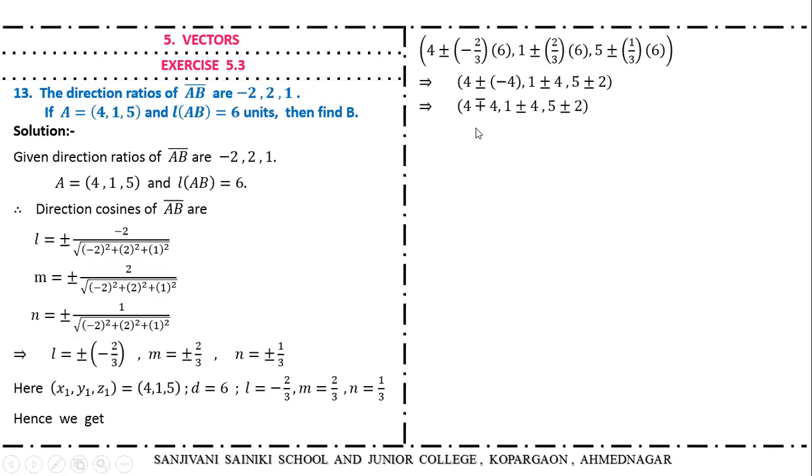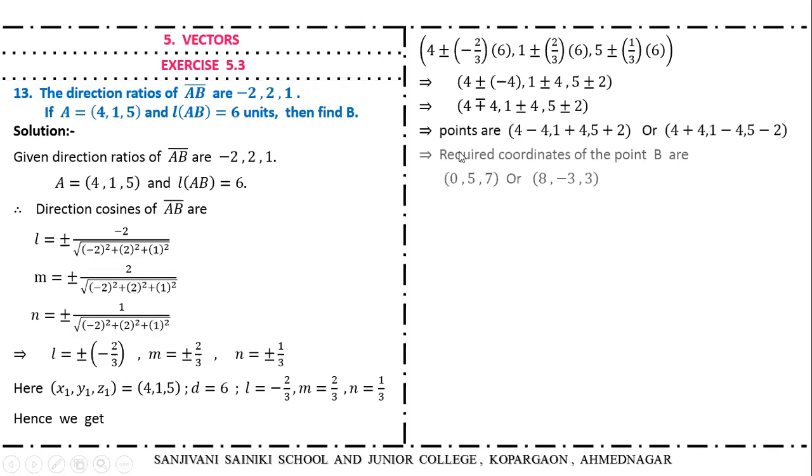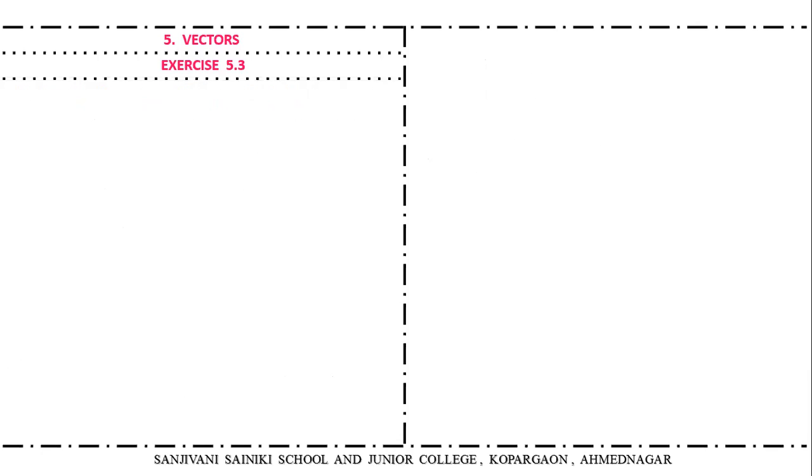Simplify it, you will get the coordinates of the points. So these are the two points which are at a distance of 6 units from the point A and having the direction ratios -2, 2, 1.